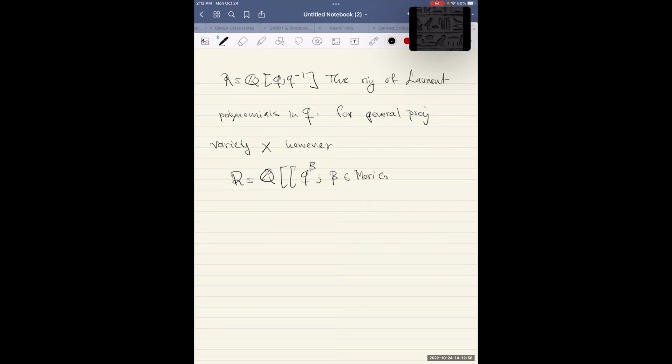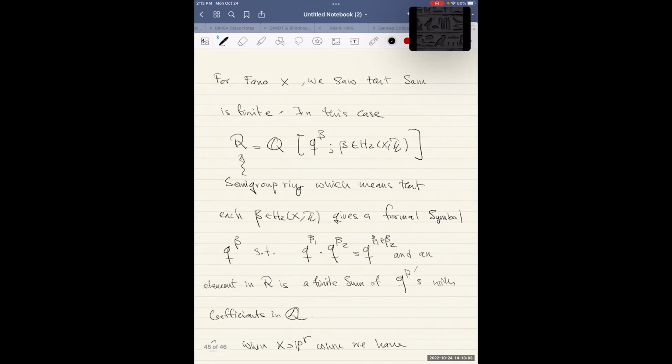Mori cone of X. Okay, so this is just a remark. This is how you can actually see that when you use this formal variable, it solves this ambiguity of q to the beta being an infinite sequence of numbers. So we just think of it as a generalized cohomology ring of X with this formal variable.